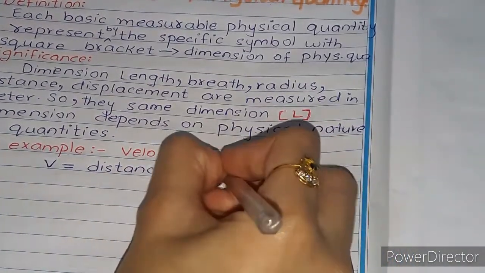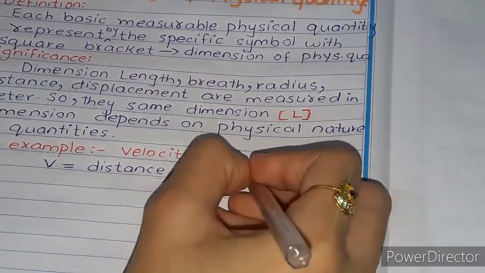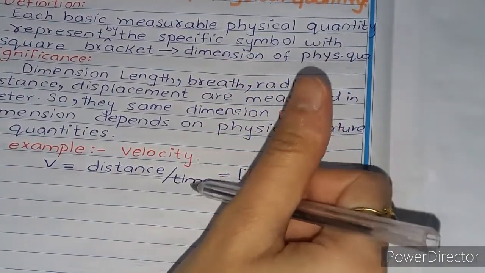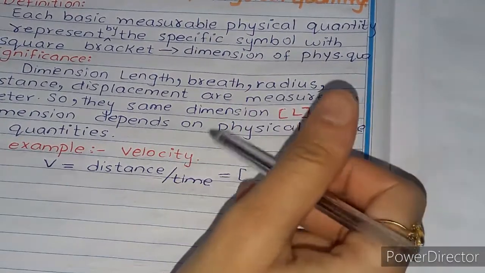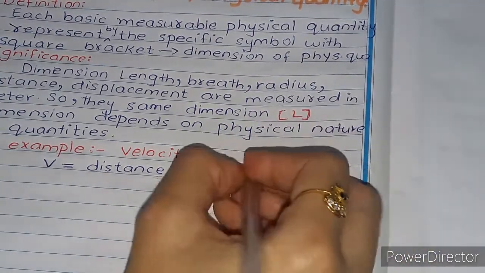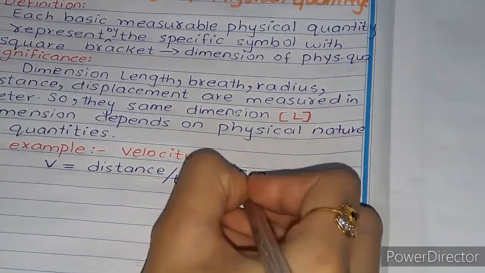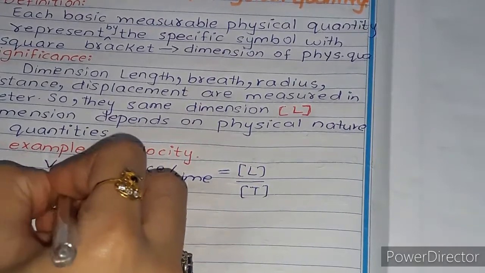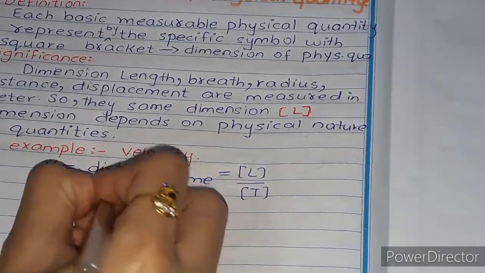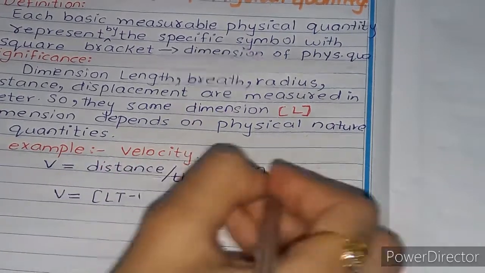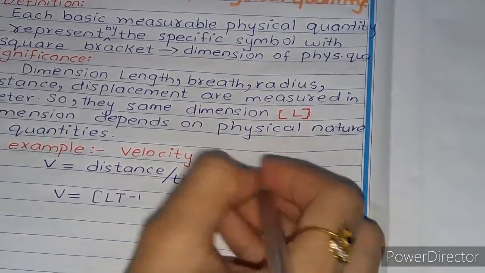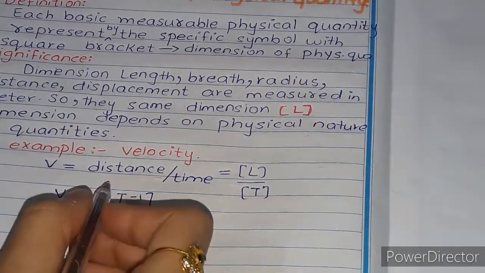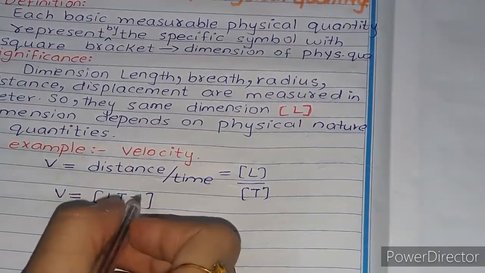Distance is a base quantity. Velocity is the distance over time. So distance is measured in L, and time is capital T. So it will become V is equal to LT minus 1. T is power 1, when it moves upwards, it will be minus 1. Dimension of velocity is LT minus 1.